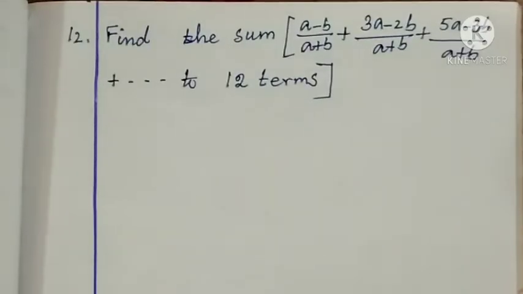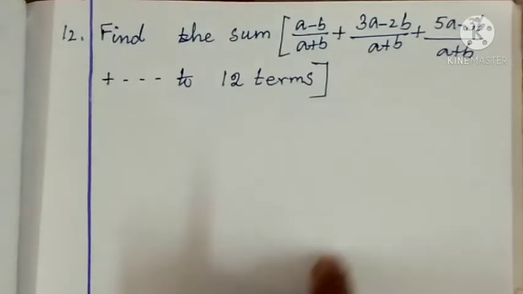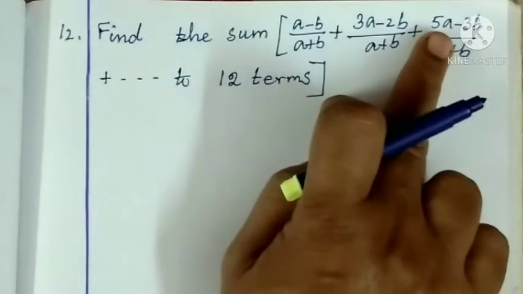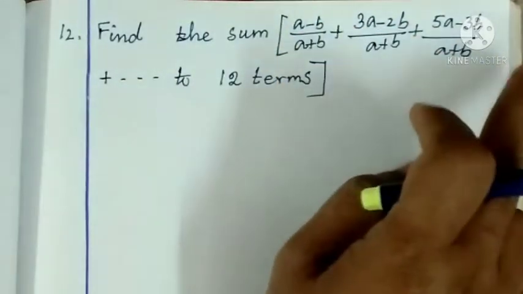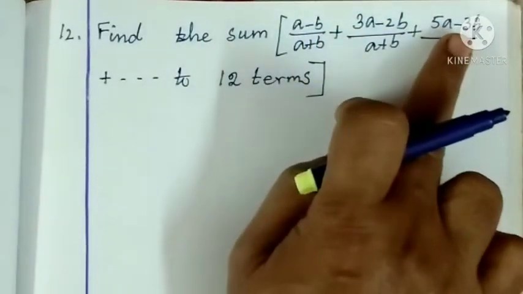Now we move on to the last sum of this exercise. That is, find the sum of given terms. Check whether it is an AP. See the common difference here: 1a, 3a, 5a, so plus 2 is increasing. And here minus 1b, minus 2b, minus 3b.